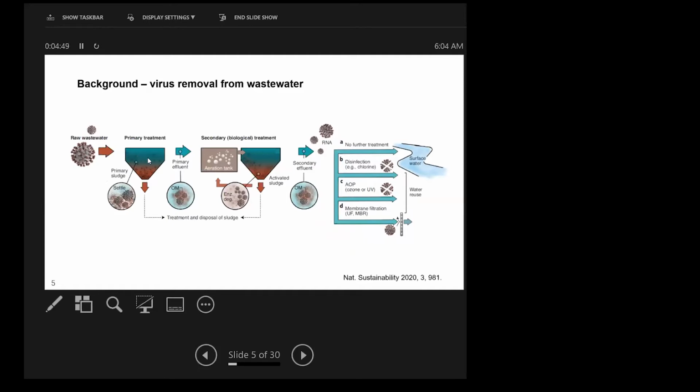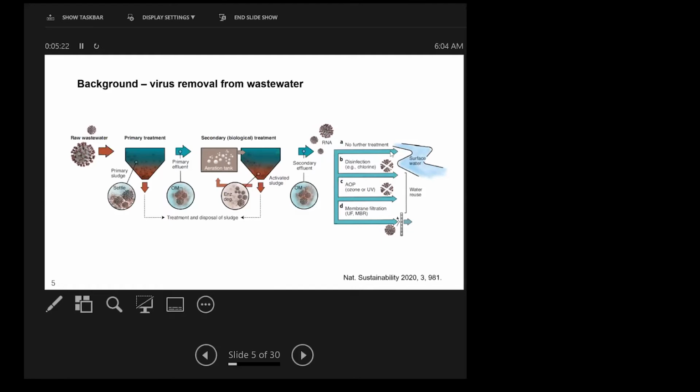The secondary treatment uses biological treatment, which can combine aeration tanks with secondary sedimentation to retain the activated sludge. Virus adsorption to the organic particulates and removal by settling play an essential role in these secondary treatment steps.